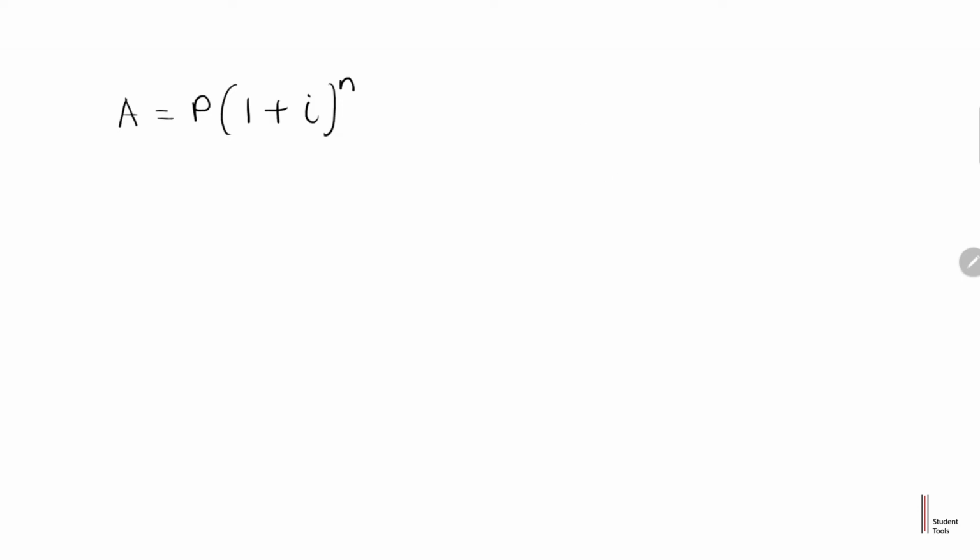All right, so why are we using this formula? We're using this formula because our interest is compounded annually. And in this case, we were told that our interest is equal to 8.25%, which is equal to 0.0825. All right, so this investment has increased for a certain period of time, which is 7 years.